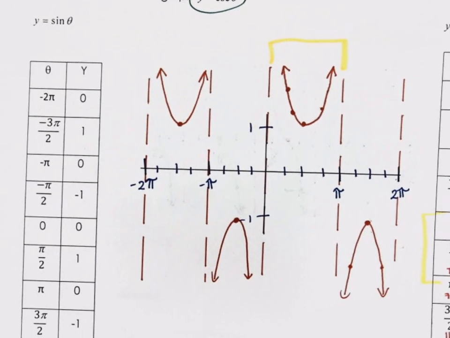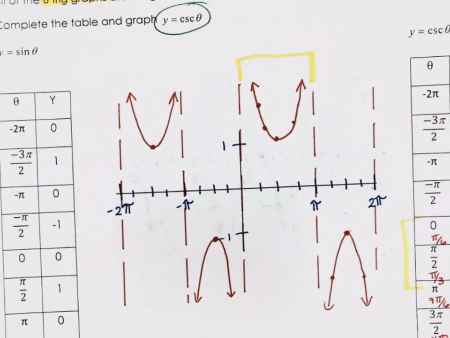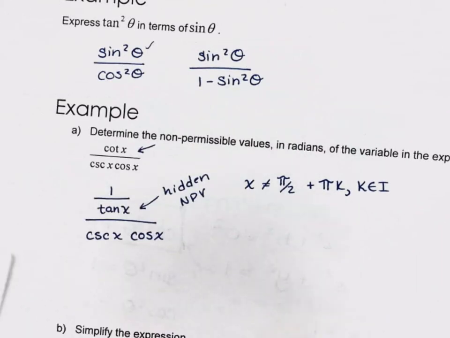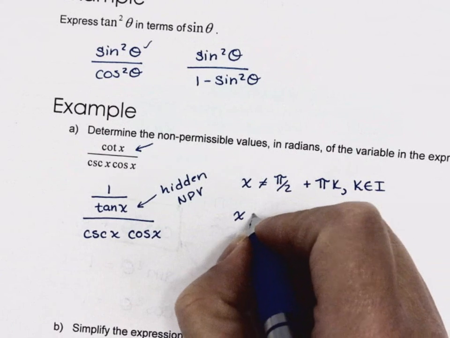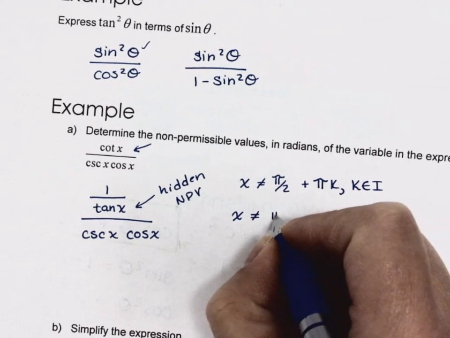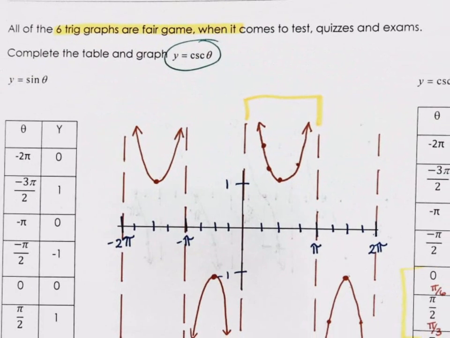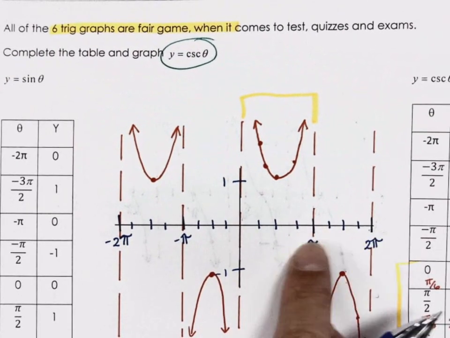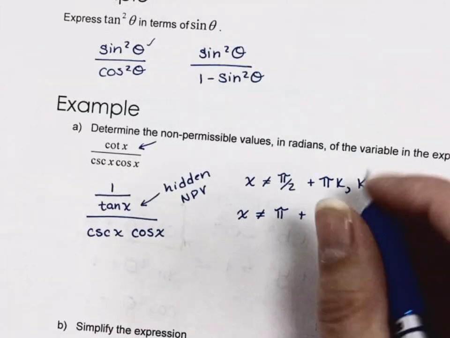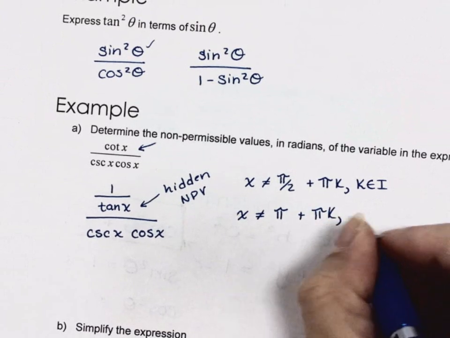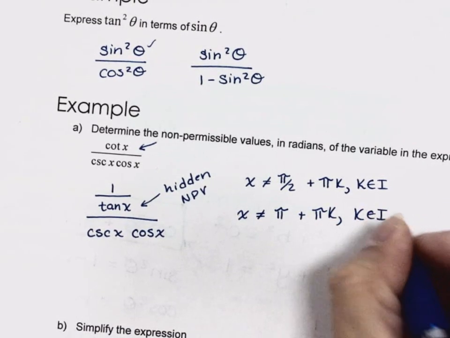So we're going to do the non-permissible value for cosecant. So the cosecant one will be x cannot equal pi plus, where's my next one? It happens every pi, right? So when I'm doing my general solution, plus pi k, k an integer.